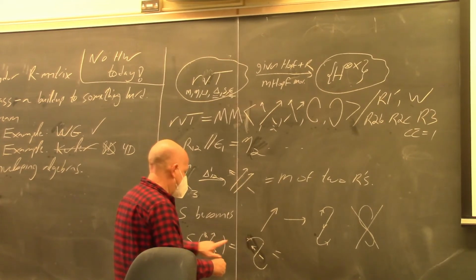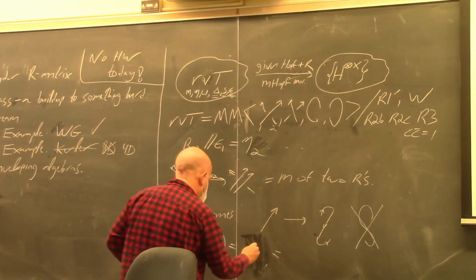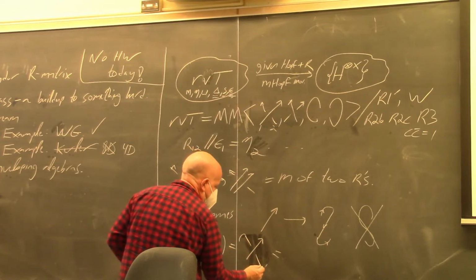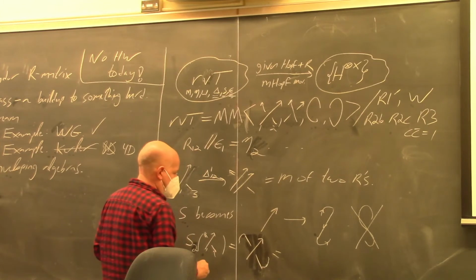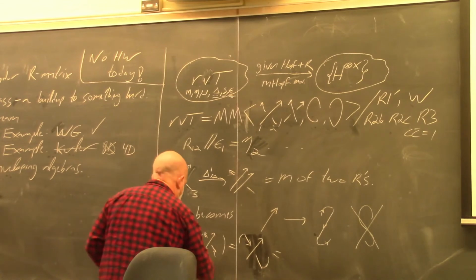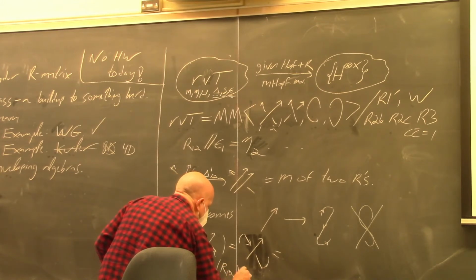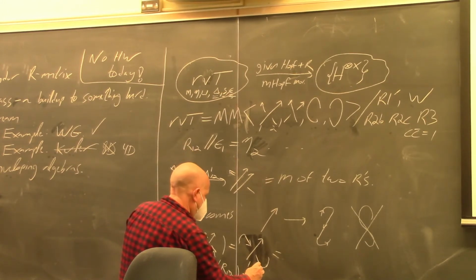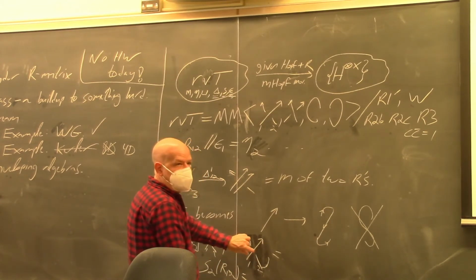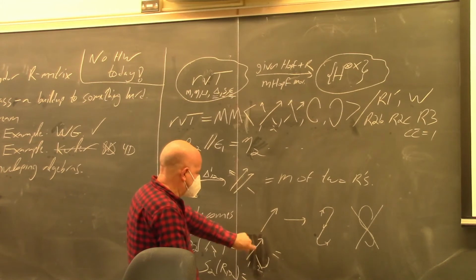No, sorry, I did it wrong. I wanted to do S2. So what I'm telling you is I'm computing S2 of R12. Now to turn it into a rotational virtual tangle, to write it in terms of the generators, I need to rotate this by 90 degrees.